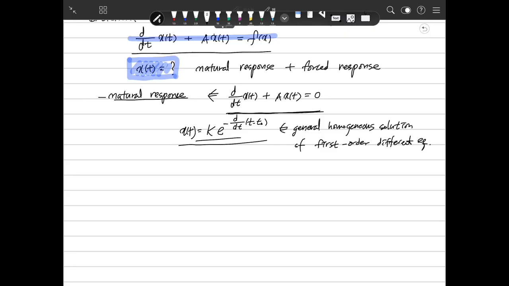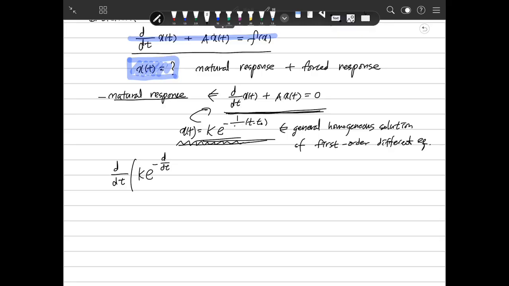Then we need to check whether this is a solution of the homogeneous equation, by substituting it in. So we need to check if this is right or wrong. Oh, sorry, this is wrong. I made a mistake here.